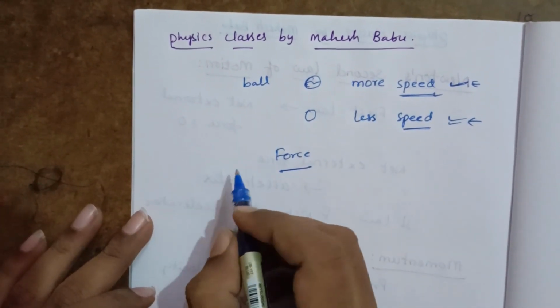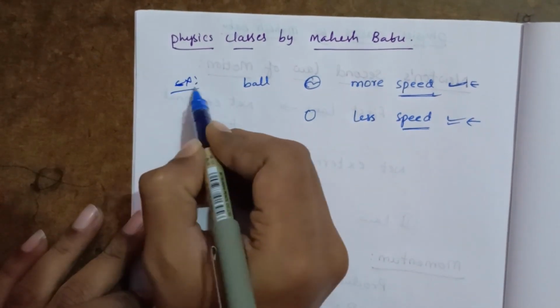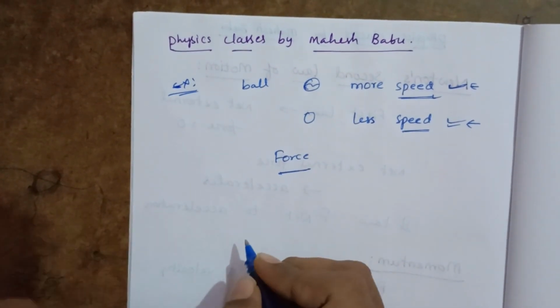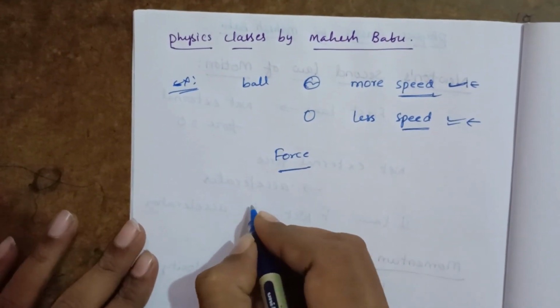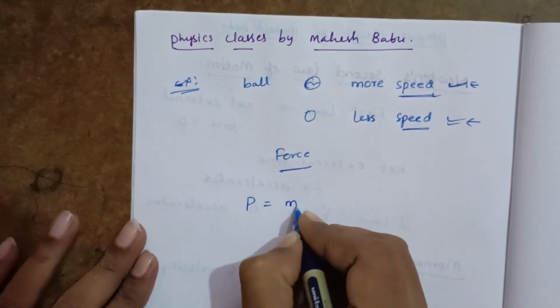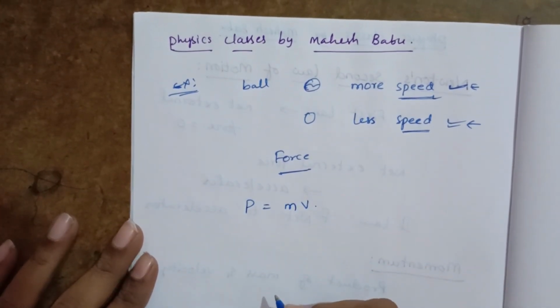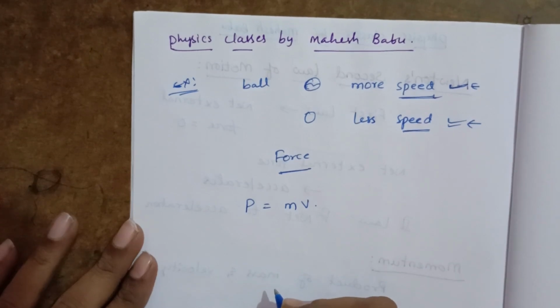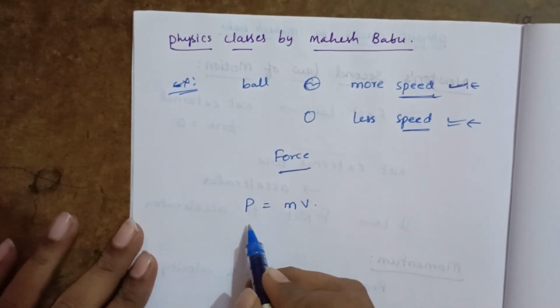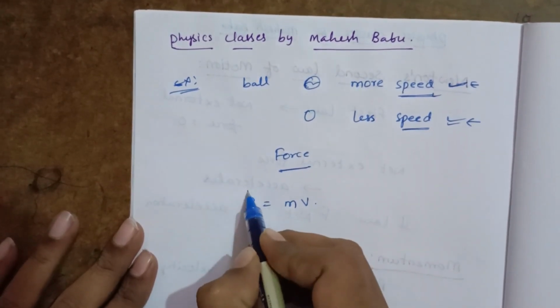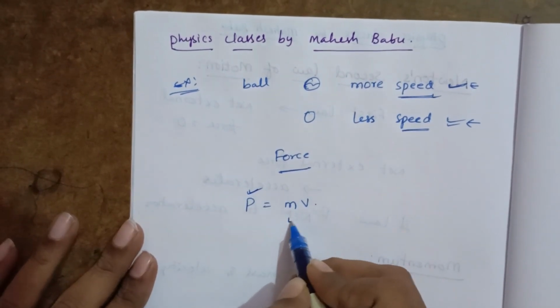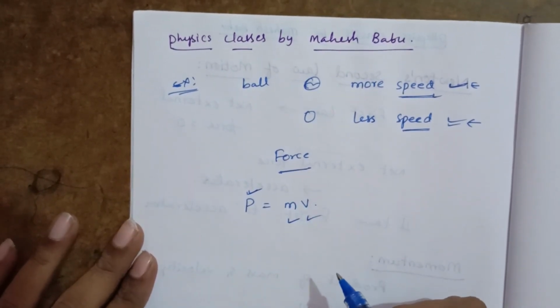From these two examples, momentum P is the product of mass and velocity. The momentum of a body changes when either mass changes or velocity changes.